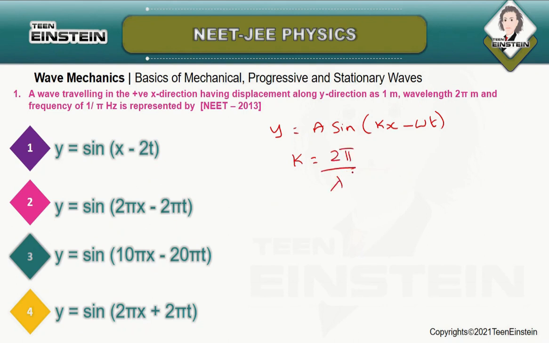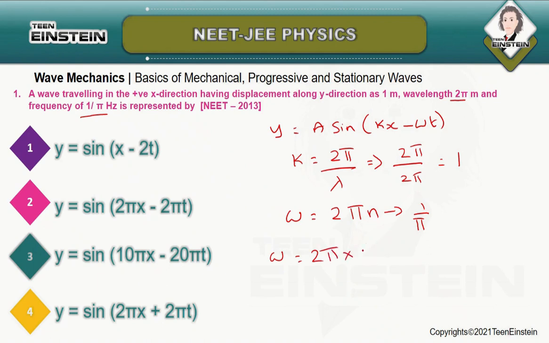The wavelength they've given is 2 pi, so 2 pi by 2 pi will become 1, and omega is equal to 2 pi n. Here the frequency n they have given as 1 by pi, so you substitute 2 pi into 1 by pi, and this will become 2.